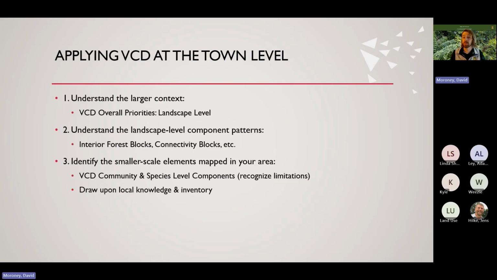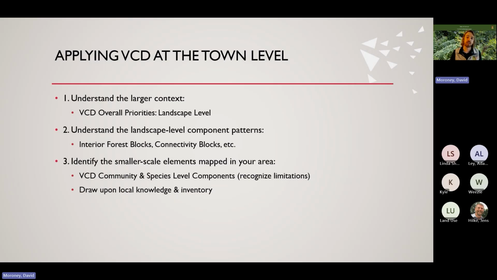Vermont Conservation Design community and species level components, those elements that Jens discussed that tend to be more specific, are hotspots of biodiversity, our natural communities, our wetlands, our rare species populations, right? We want to get all of those into our planning process. And it's important to acknowledge that Vermont Conservation Design, as something that's been mapped at a statewide scale, does have limitations.